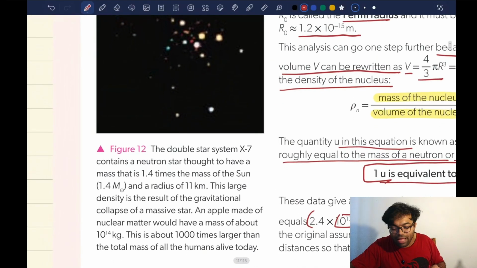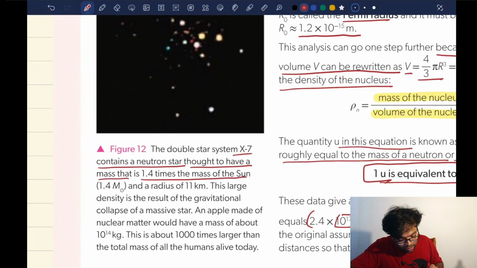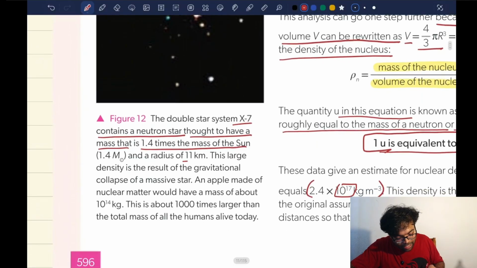Okay, now what is happening here? The double star system X7 contains a neutron star thought to have a mass of 1.4 times the mass of the Sun and a radius of 11 kilometers. 11 kilometers means what, Akshay? 11 kilometers is nothing.